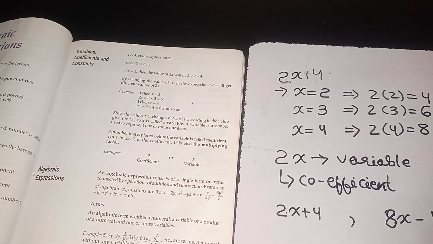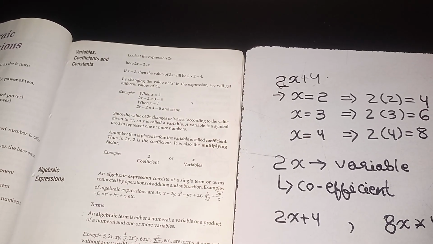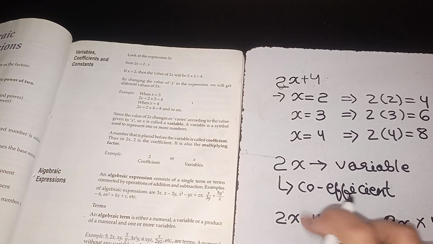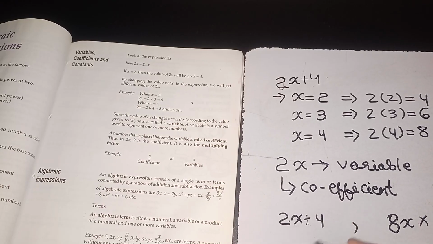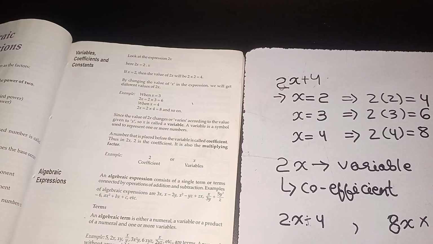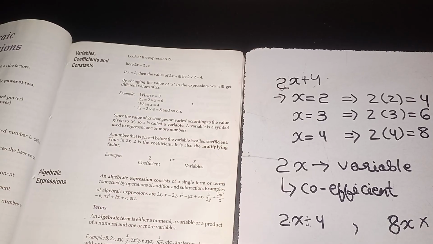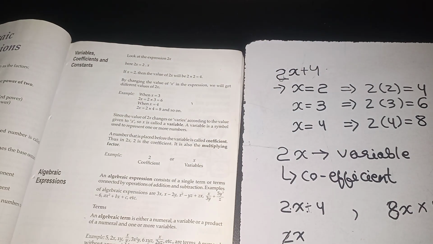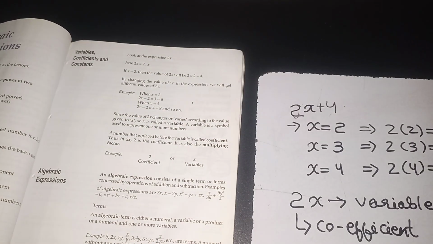We cannot write a multiplication sign or a division sign here, because if we write division, it means 2x divided, which will be converted into something like x power 2.